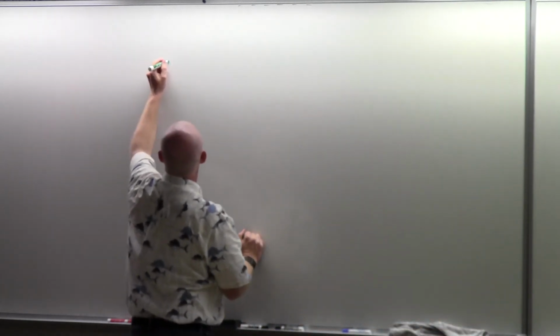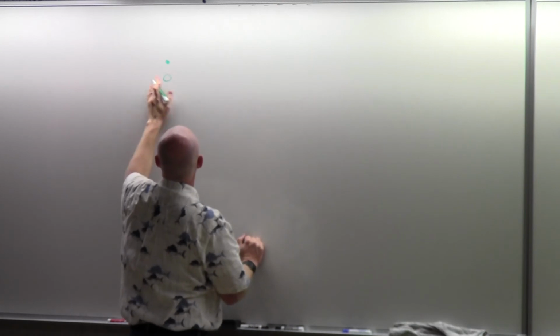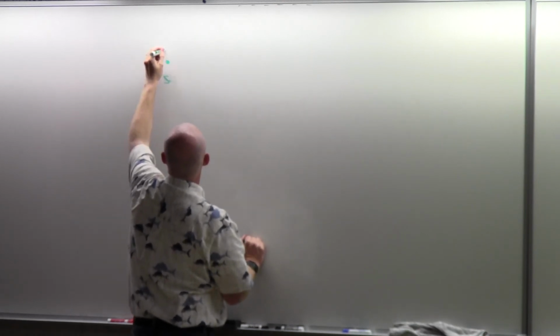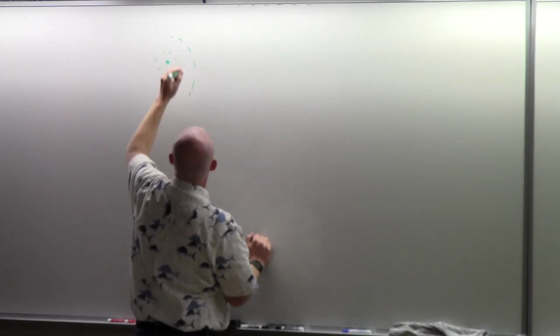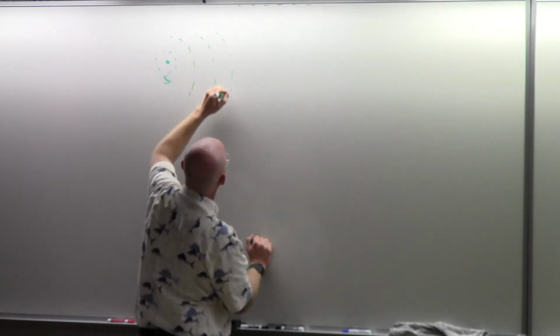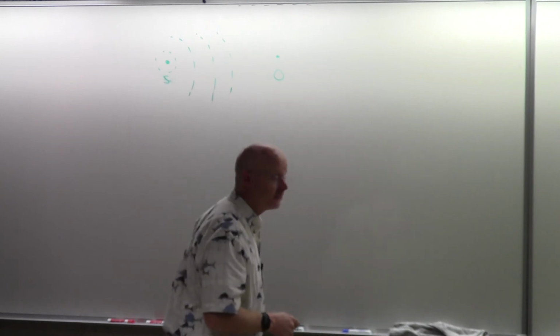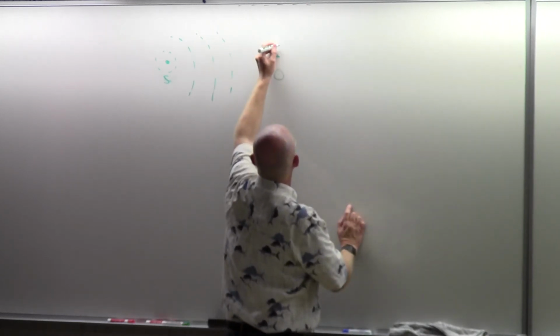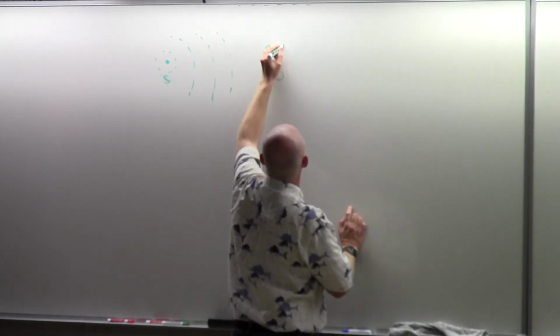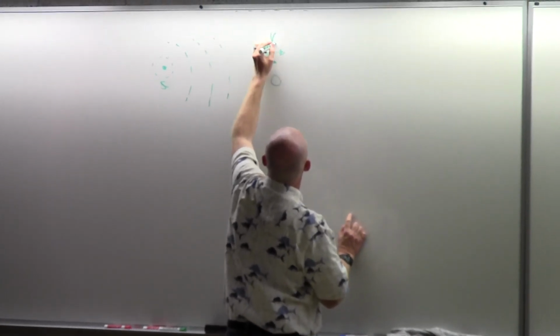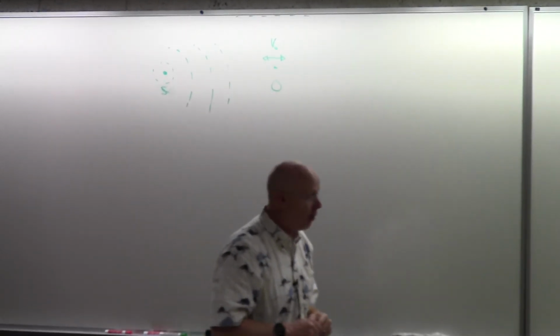If we call S the source and the waves go out, and we call O the observer, let's talk about an observer that is moving with a velocity of VO for a moment.